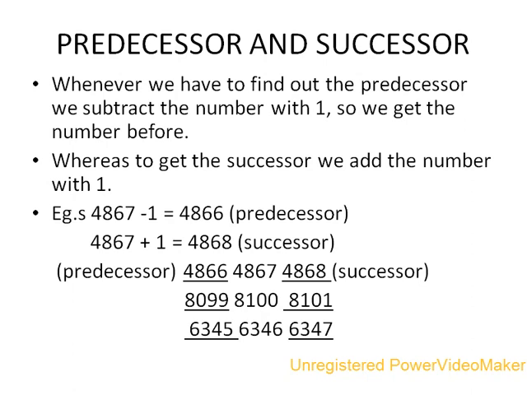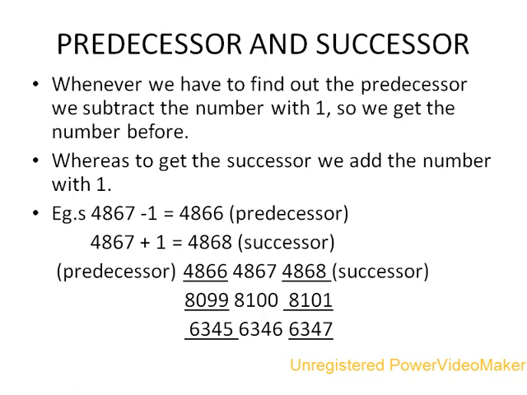Children, now we will do predecessor and successor of 4-digit numbers. Whenever we have to find the predecessor, we subtract 1 from the number, so we get the number before. Whereas to get the successor, we add 1 to the number. We can understand this by example also.